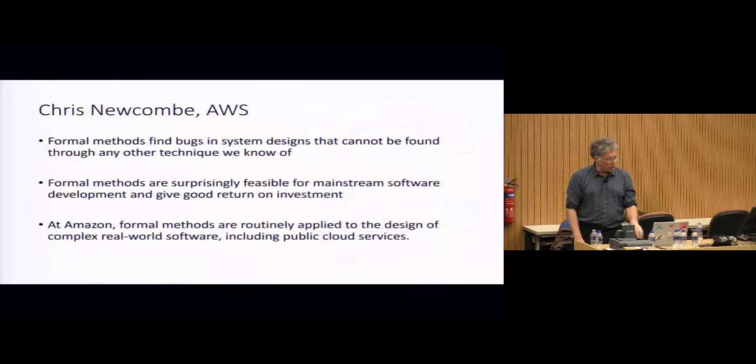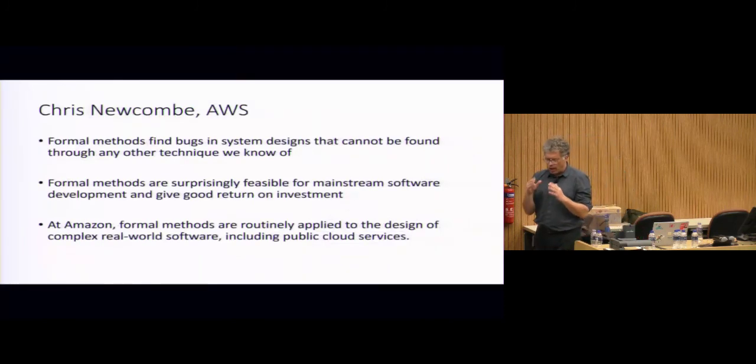So I think it's really interesting to see that you have these experts who wrote this paper, who are engineers at Amazon, who basically said, formal methods finds bugs that we can't find through any other technique we know of, because these distributed systems, how do you test them once you deploy them? It's very difficult. It's a very complex system.